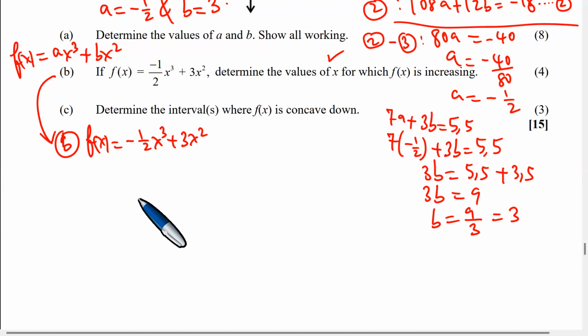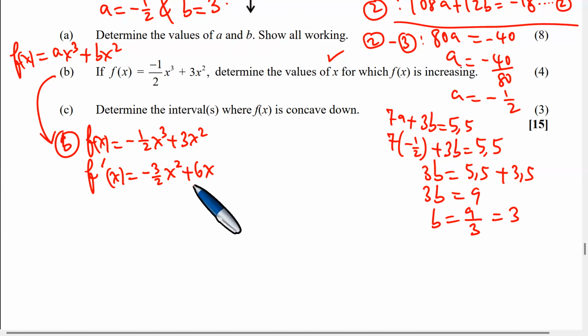Right, so we're going to find the derivative of this, which is f prime, which is minus 3 over 2 x squared plus 6x. Now we need to determine the values of x for which f is increasing.